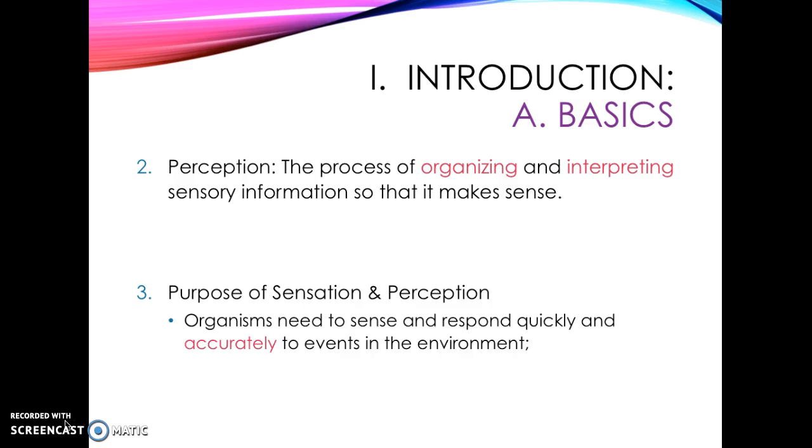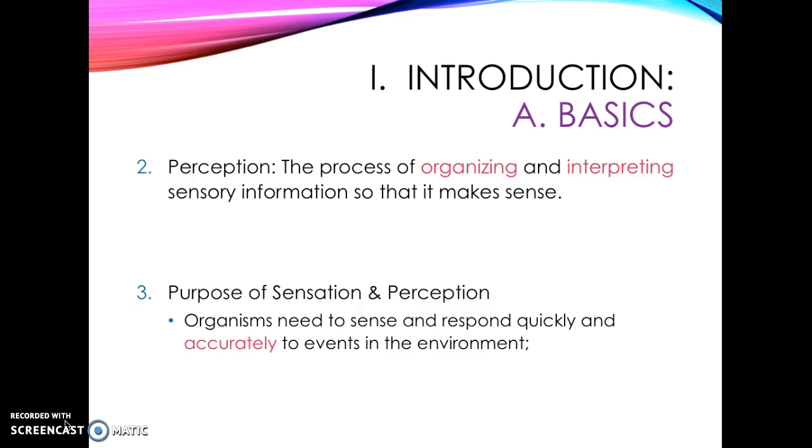So the purpose of sensation and perception is so that we can first sense what's going on around us, and we need to respond quickly and accurately to the events in the environment. So we have to not only experience what's going on, but we have to be able to identify it fast enough to help us survive.